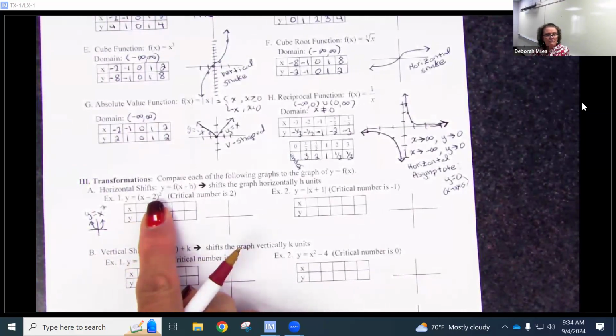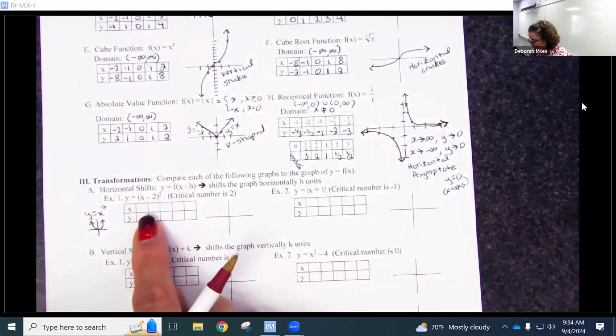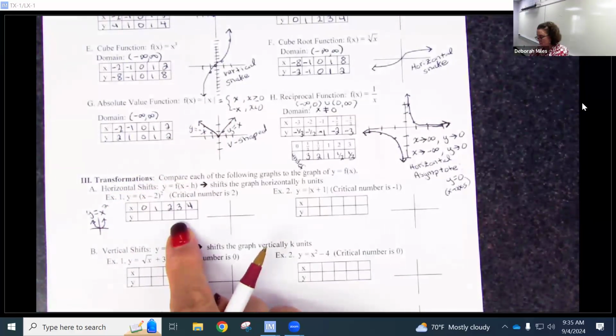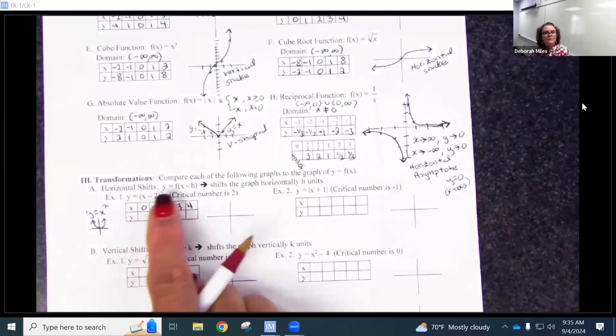For reasons I'm going to make clear in a minute, I'm going to choose 0, 1, 2, 3, and 4 as my x's. Each one of those x's, when I put it into the function, I subtract 2 before I square that value.